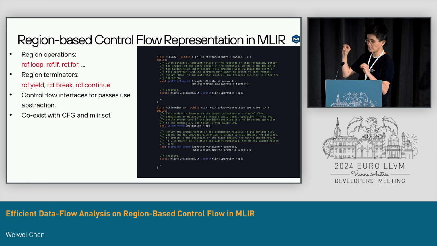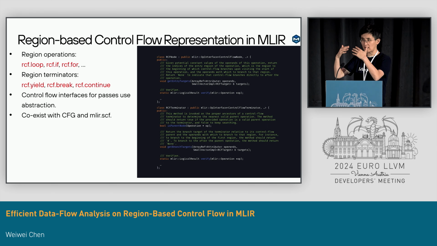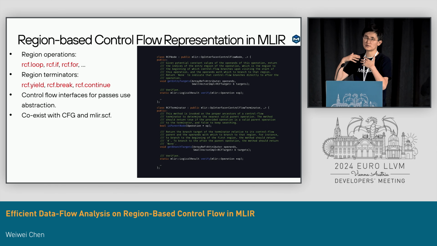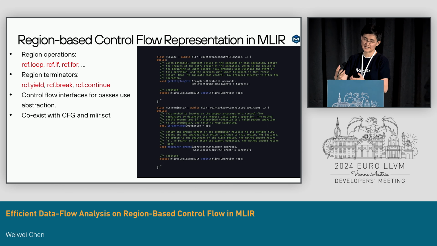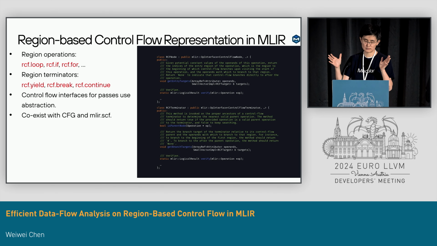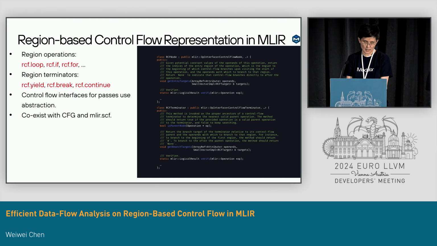The interfaces define the general abstraction of how the branching interacts with its parent, so that we have an abstract definition of how the control will flow without having to special-case what exactly the operation is. And we can write general passes for any operation that implements this interface.